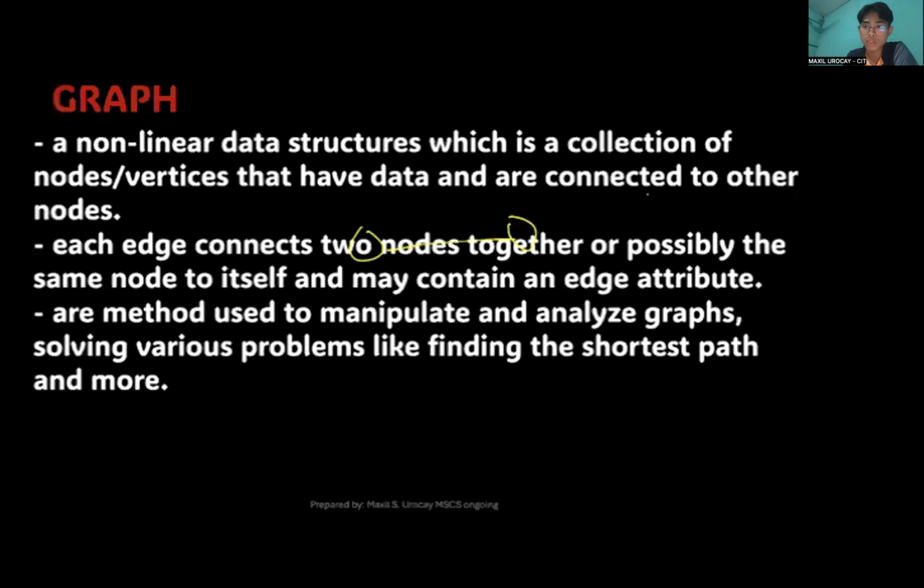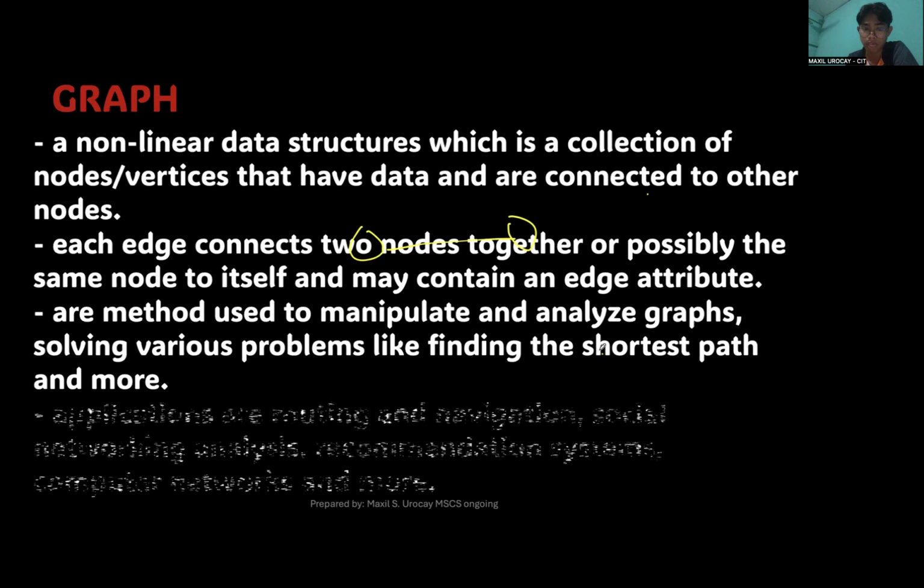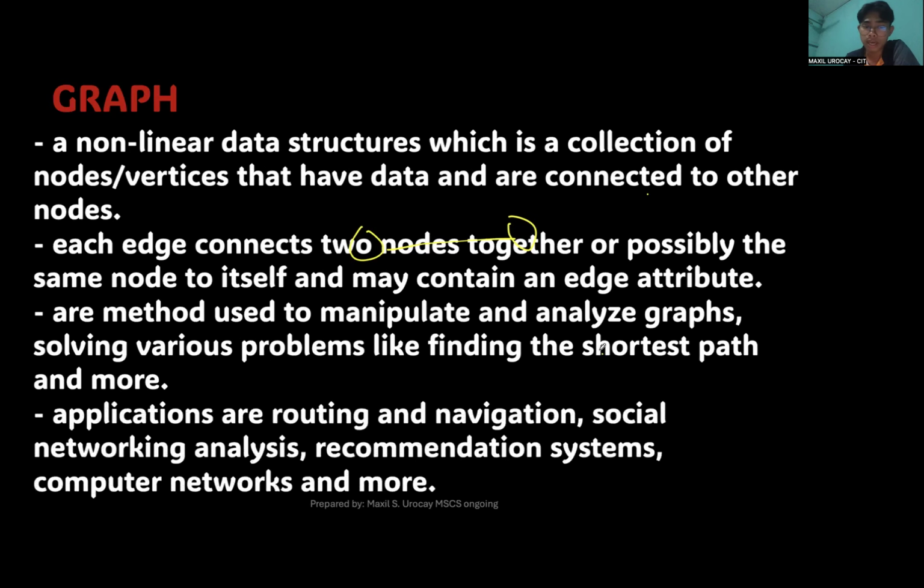In graph data structures, when we say routing and navigation, the shortest path is an application of routing and navigation, since graphs can be applied in routing and navigation, social network analysis, recommendation systems, computer networks, and more.